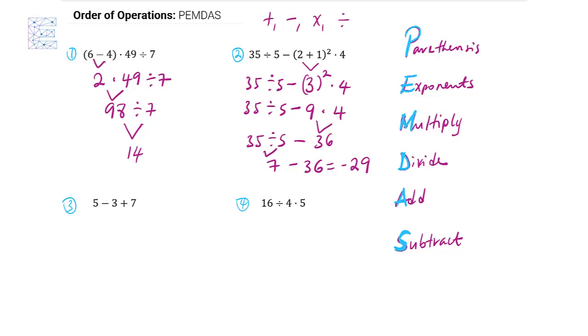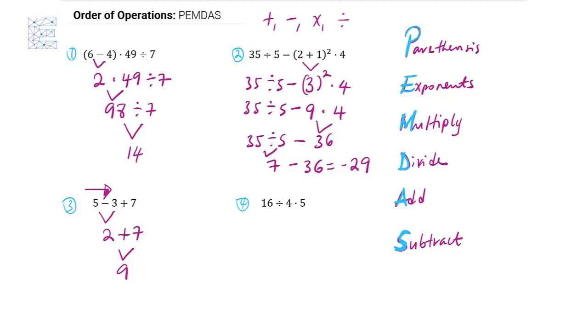So if you ever have a question that has subtraction and addition only, ignore the rule and simply go left to right. Let me repeat that. If a question only has subtraction and addition in it, you can ignore PEMDAS. You should ignore PEMDAS and simply go left to right. So for this question, we would do 5 minus 3, which is 2, and then just bring down the 7. 2 plus 7 is 9.